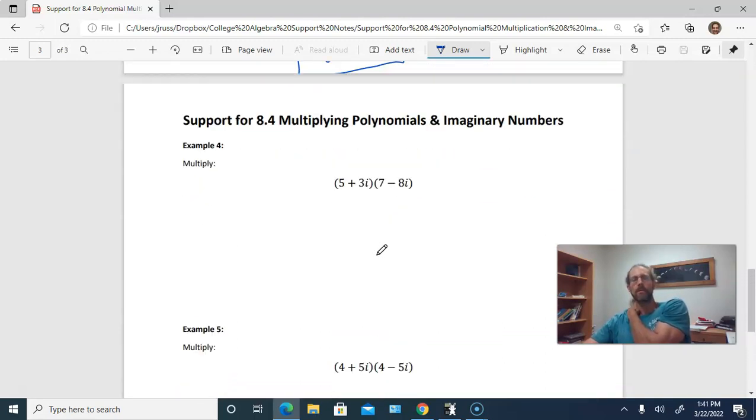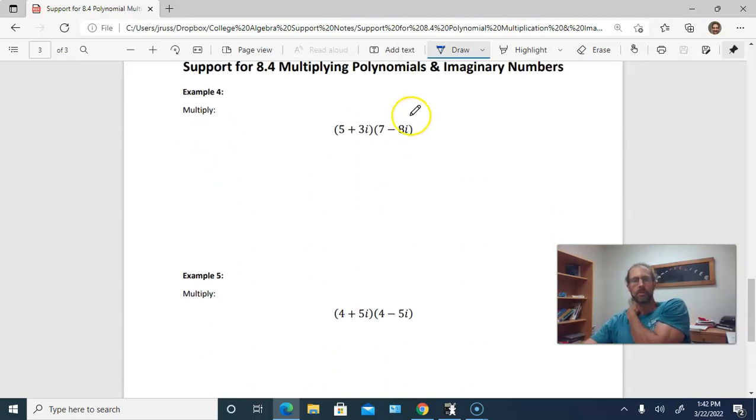Okay, so here you can see we are multiplying two complex numbers. Each of these has a real and an imaginary component. And guys, just like multiplying two binomials, we're going to multiply these by distribution, or you could remember the FOIL acronym.